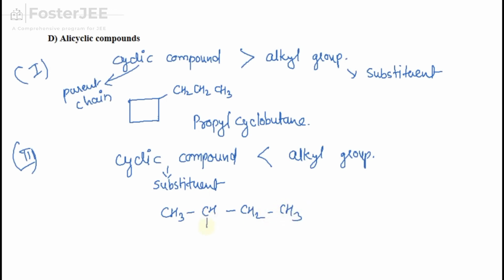Here this carbon is attached with cyclopropane. So here we can see that in the cyclic compound 3 carbon atoms are present, and in the alkyl group 4 carbon atoms are present. So this cyclic compound is considered as the substituent, and the name of the compound will be 2-cyclopropyl butane.